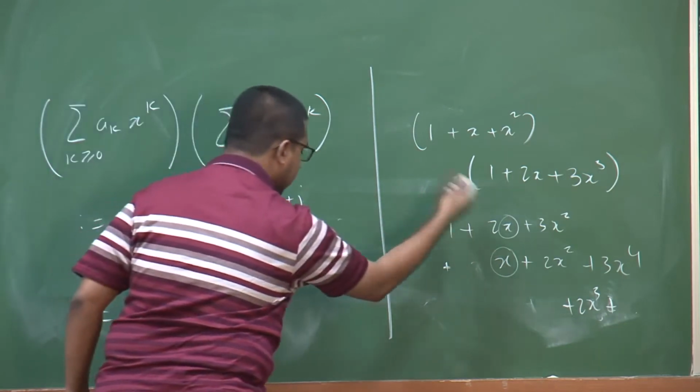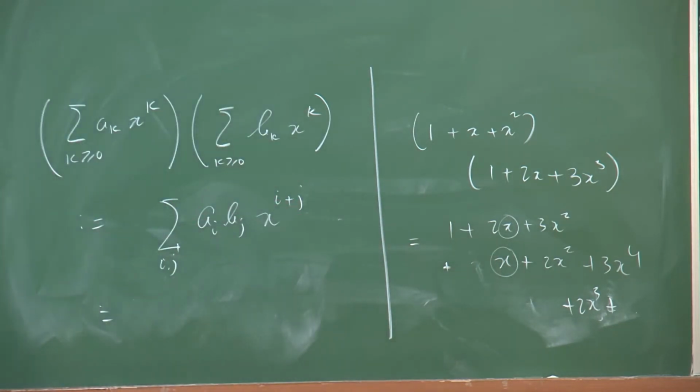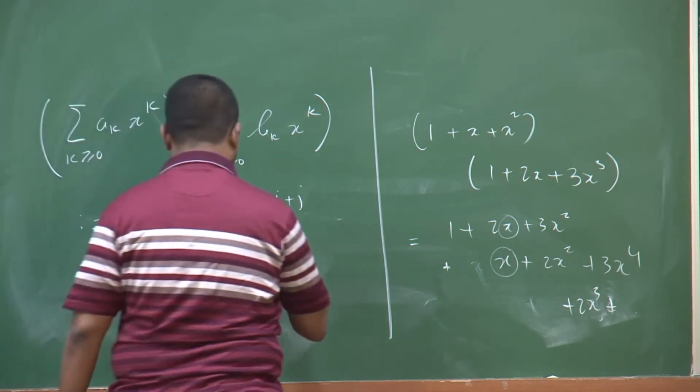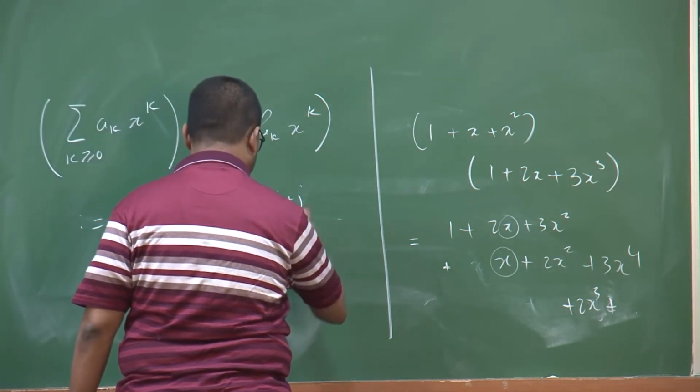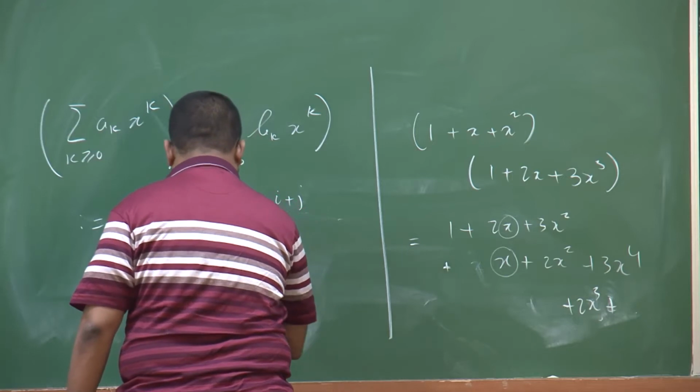Now as I said earlier, by adding up the coefficients of the same monomials, we can put this in this form. Fix any given k.